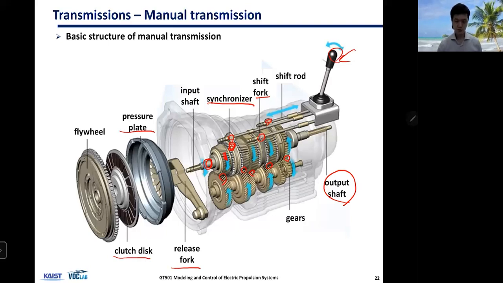But if you connect them using the synchronizer, the shaft speed and gear will be locked, okay? So in a manual transmission, you have multiple gears designed in parallel. If you have a 4-speed, you will have 4 pairs of gears, and they will be rotating continuously. But only one gear will be engaged to the shaft, okay?